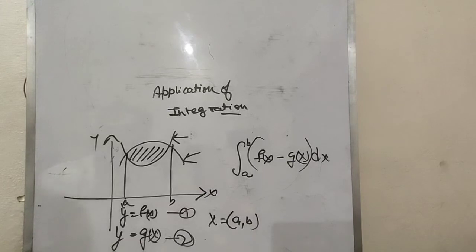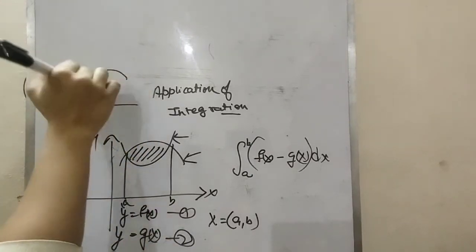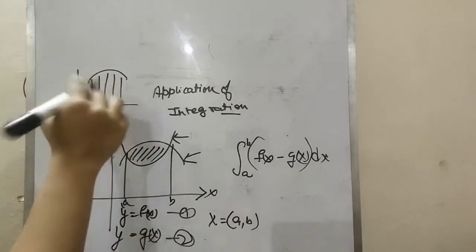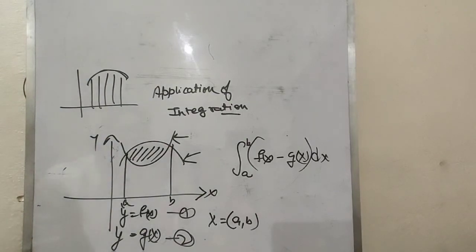Okay, so simply you can understand with this formula, whenever we are finding the area of a simple curve, for example, this is my curve, okay, so I will find the area by integrating and I'll get the area below this curve, right?